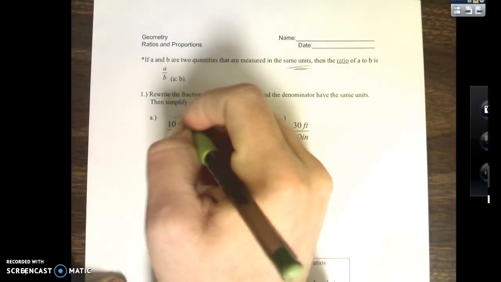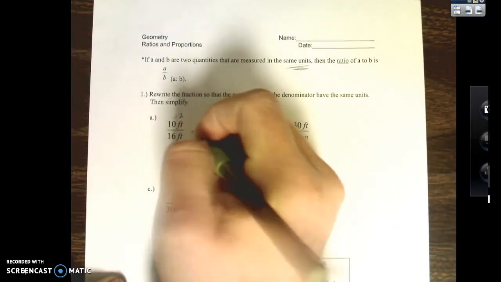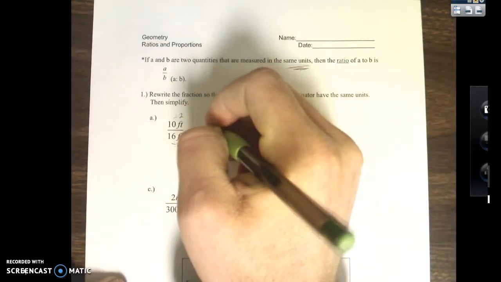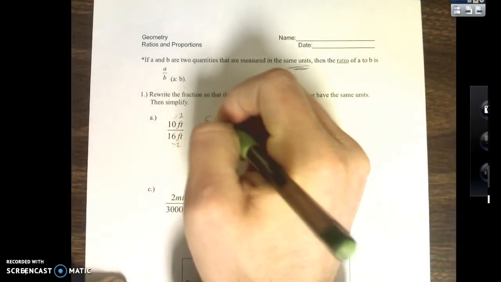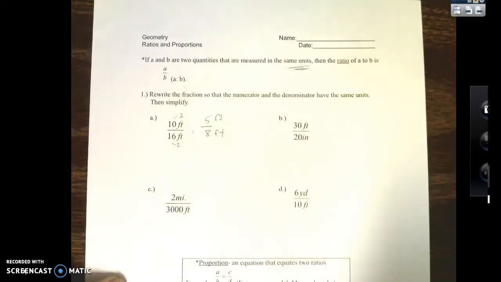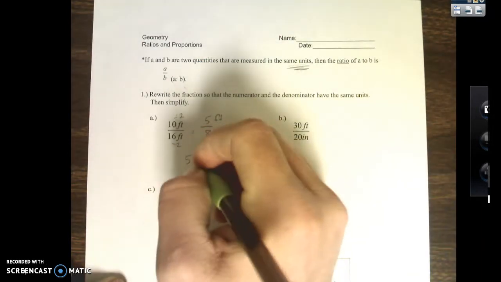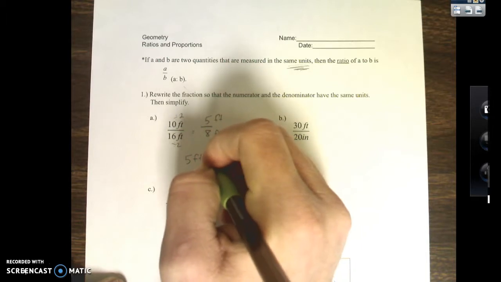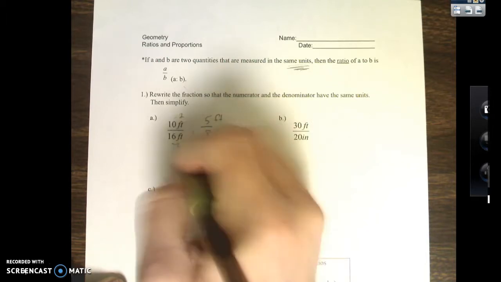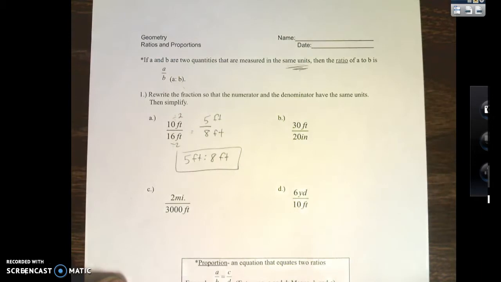So we can divide the top by 2 and the bottom by 2, and we're going to get 5 over 8. So 5 foot to 8 foot. And how we want to write our final answer is 5 foot to 8 foot ratio.